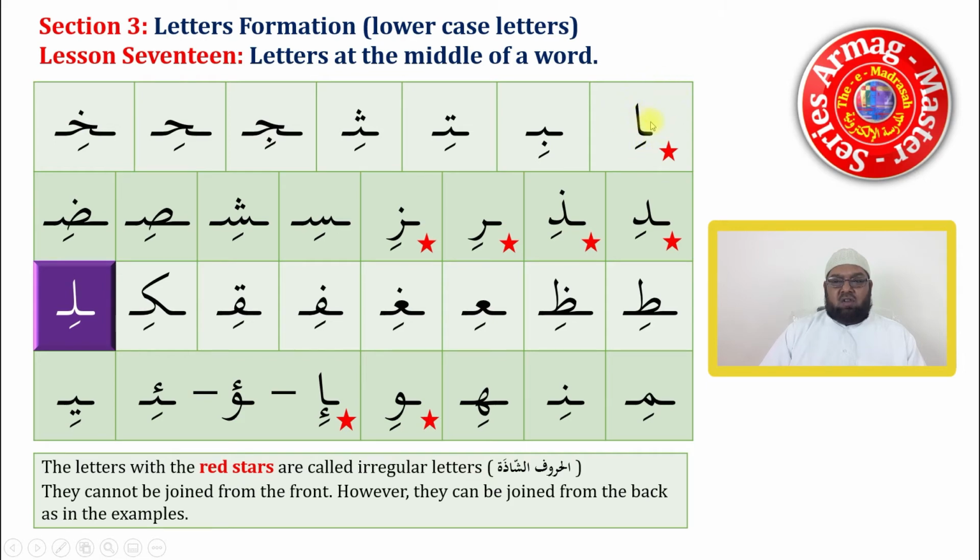Okay? If it goes on the left hand side, then it is Lam. If it goes on both sides, then it is Lam, because Alif cannot go to the left hand side. It cannot be joined from the front or from the left hand side. Okay?